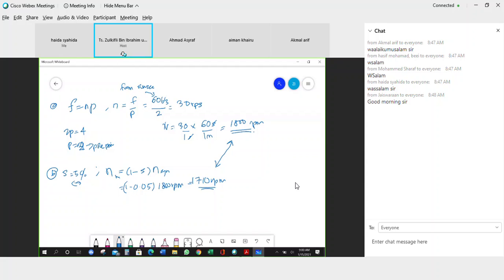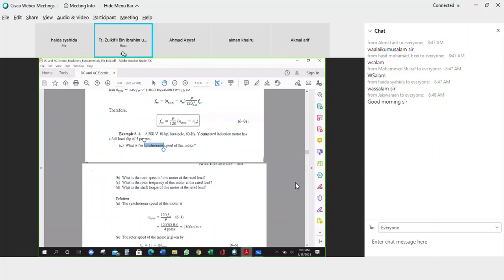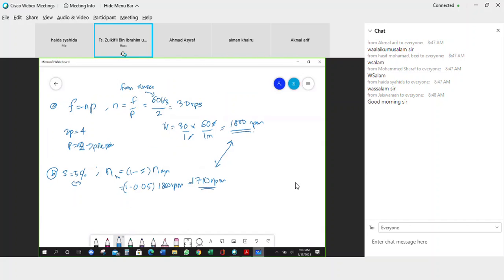So if you want to find the frequency of your rotor, is there a question here asking for the frequency of the rotor? Alright, so what is the rotor frequency of this motor at the rated load? You still use the same equation, F equals NP.